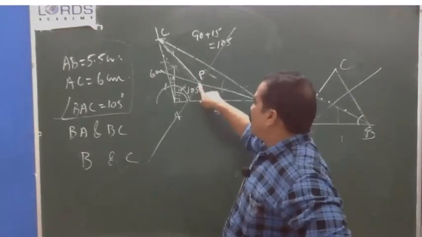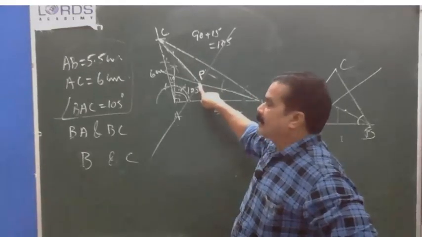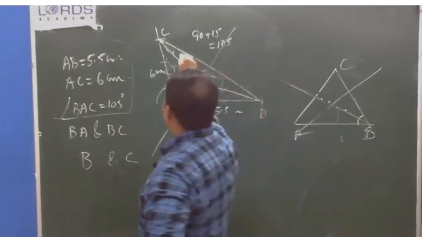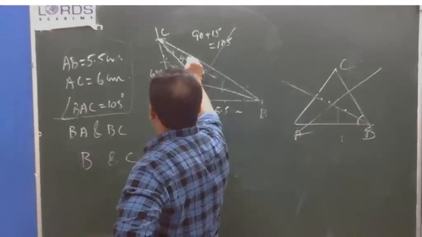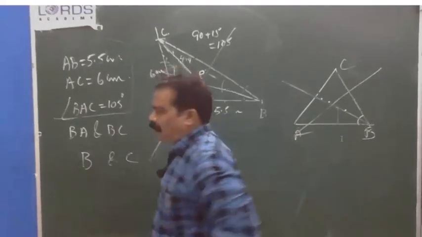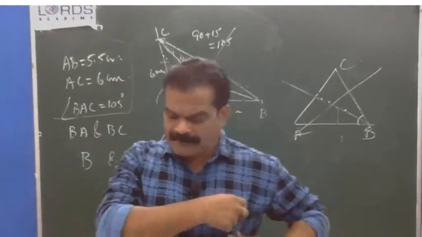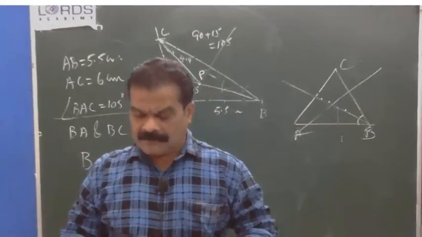That intersecting point is the loci. You take it as P and join with C. This is 4.9 or 4.98 or 5 point something. No problem at all. Then we can take another problem.